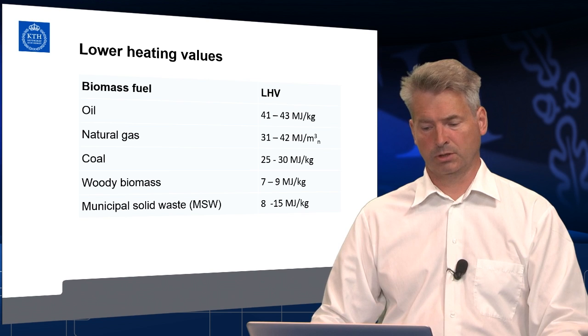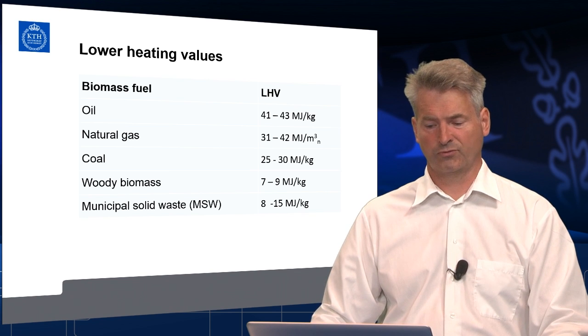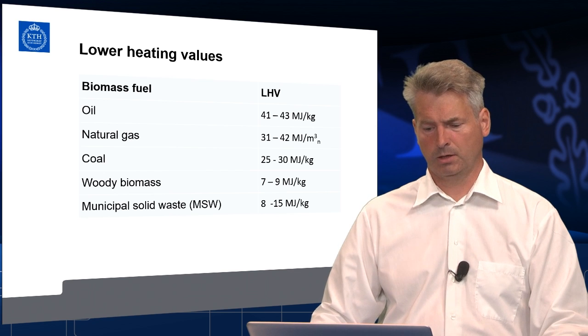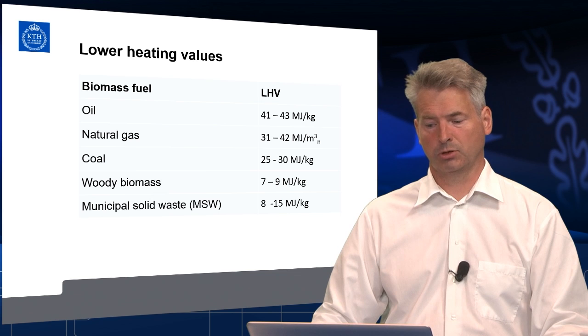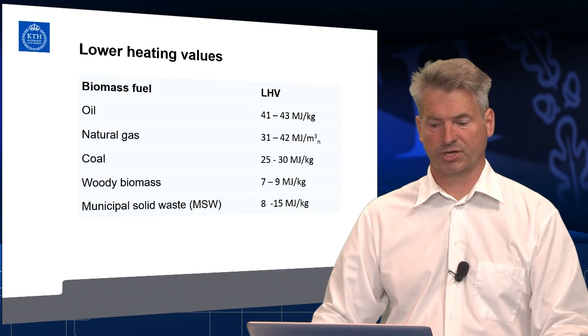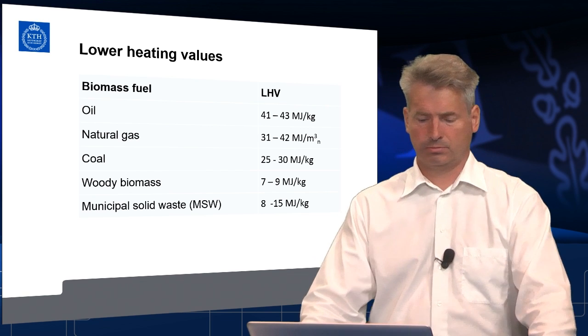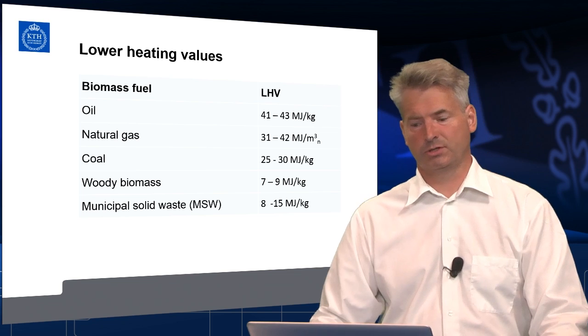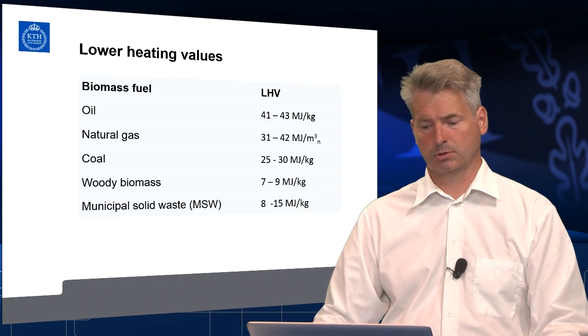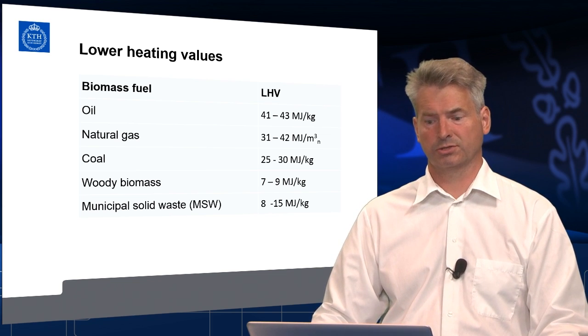Then you have a lower heating value of only 7 to 9 megajoule per kilogram. For dry biomass, you have a lower heating value almost up to 20 megajoule per kilogram. For municipal solid waste, it can vary between 8 and 15 megajoule per kilogram, depending on the moisture content.